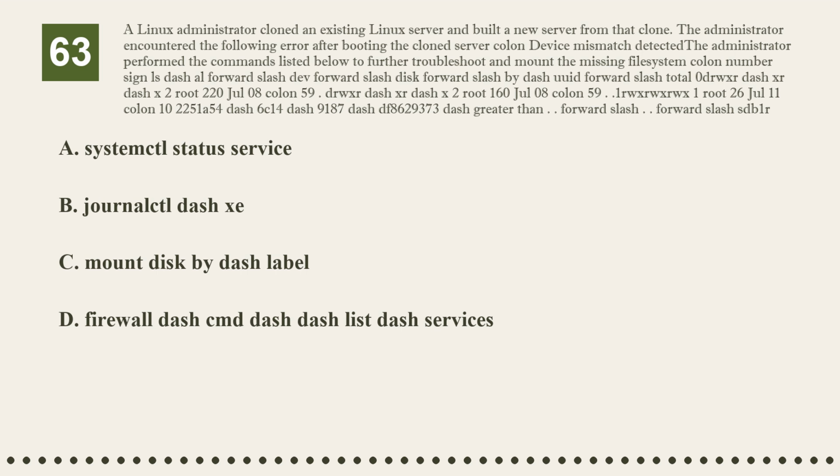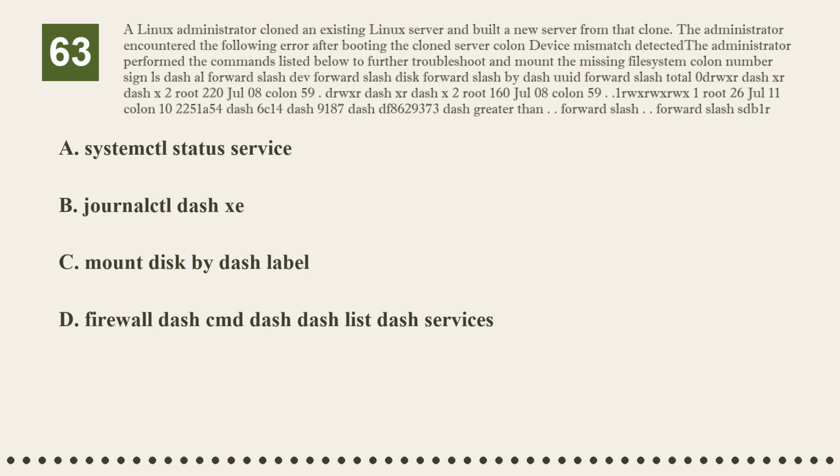The administrator performed the commands listed below to further troubleshoot and mount the missing file system: ls -l /dev/disk/by-uuid total 0. drwxr-xr-x 2 root 220 July 8 :59 . drwxr-xr-x 2 root 160 July 8 :59 .. rwxrwxrwx 1 root July 26 11:10 2251a54-6c14-9187-df8629373 -> ../../sdb1.